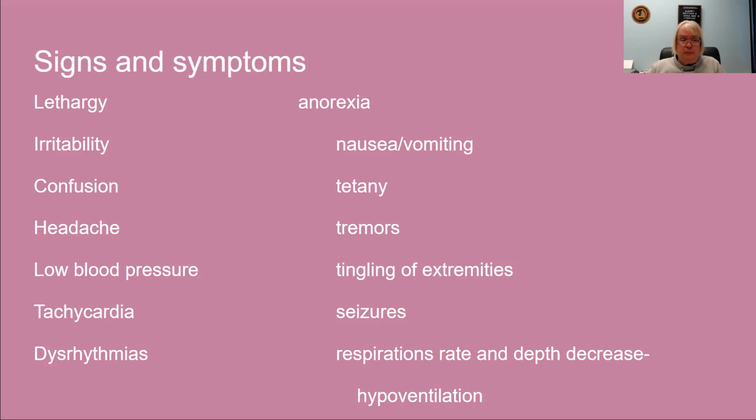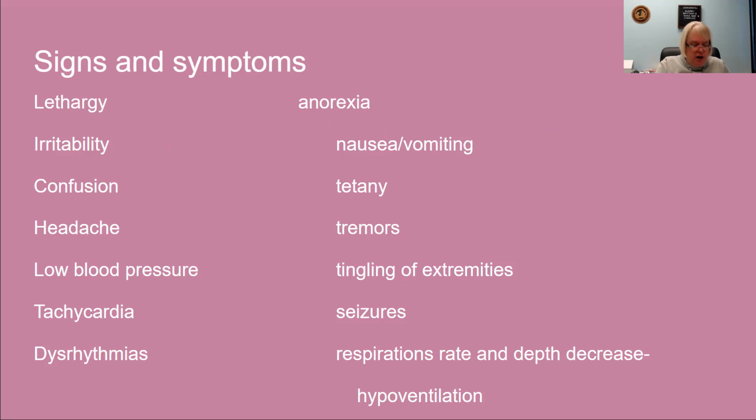Signs and symptoms would be lethargy, anorexia, irritability, nausea, vomiting, confusion, tetany, headache, tremors, low blood pressure, tingling of the extremities, tachycardia, seizures, dysrhythmias, respirations rate and depth decrease, and they go into hypoventilation.